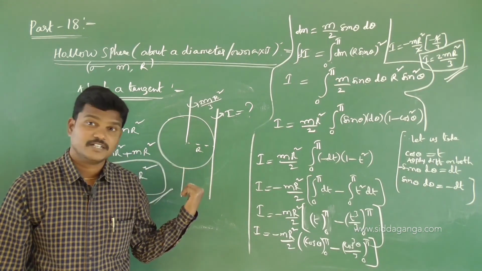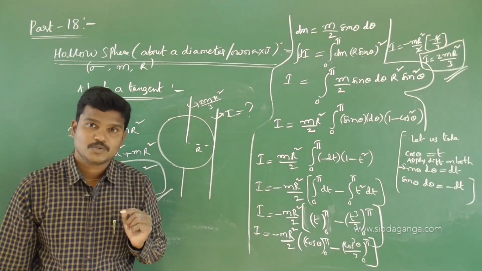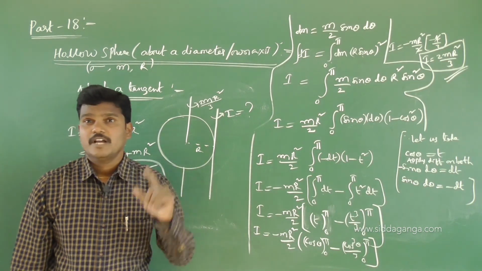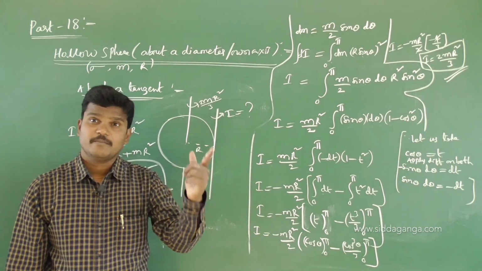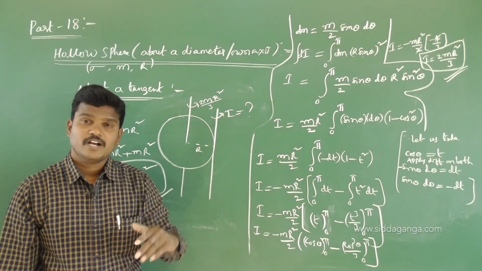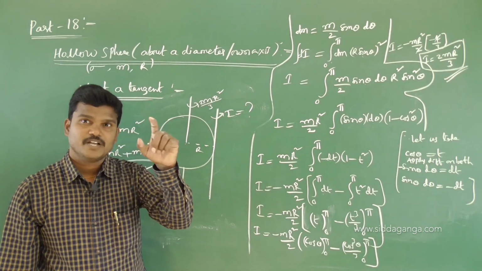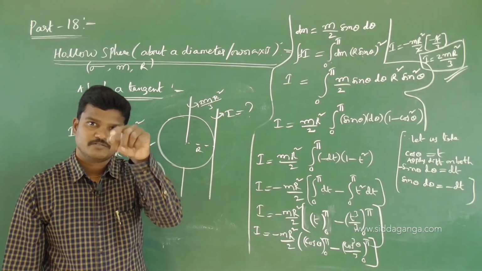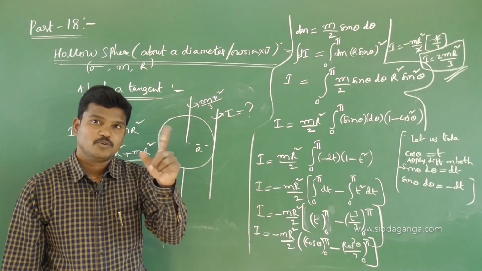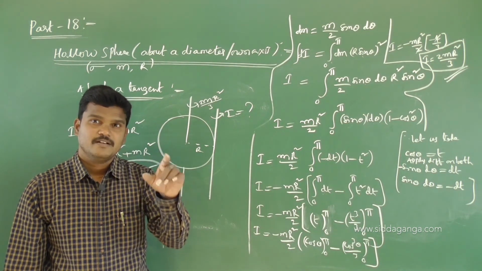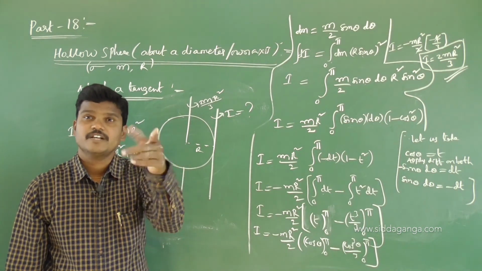In the same way, circular disc also calculated. Axis passing through center, perpendicular to the plane mr square by 2. About diameter mr square by 4. And next formulas are about a tangent perpendicular to the plane mr square by 2 plus mr square. So 3 mr square by 2. And about a tangent in its plane mr square by 4 plus mr square, 5 mr square by 4.